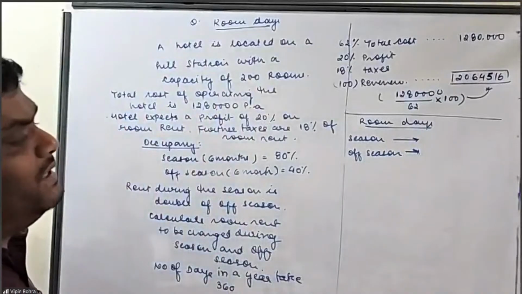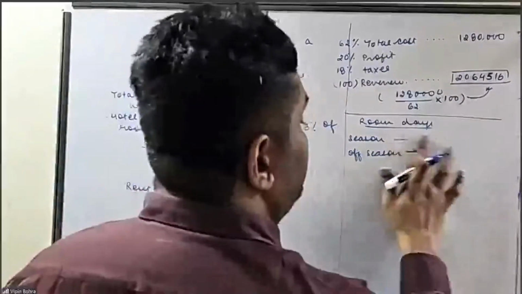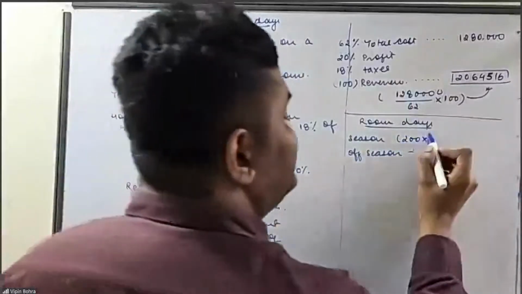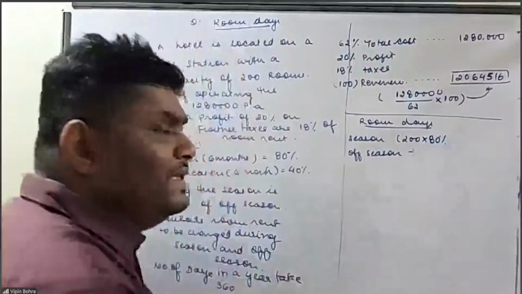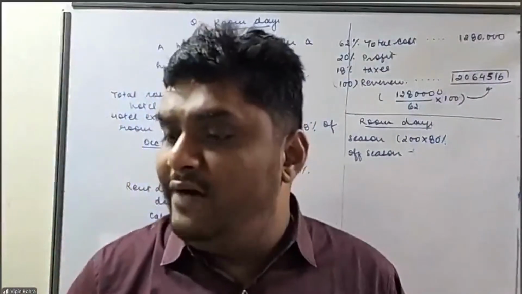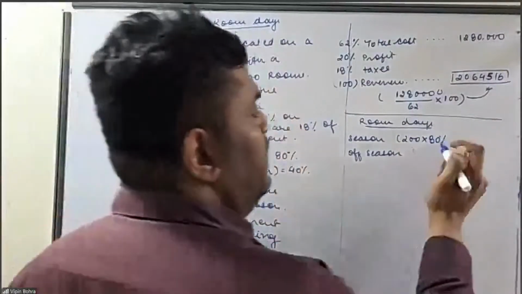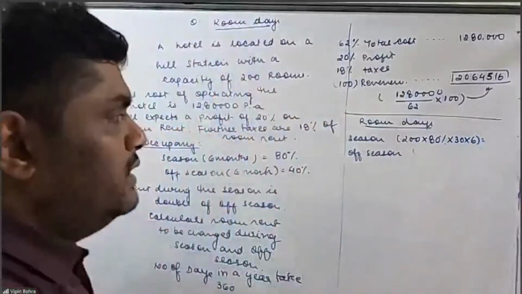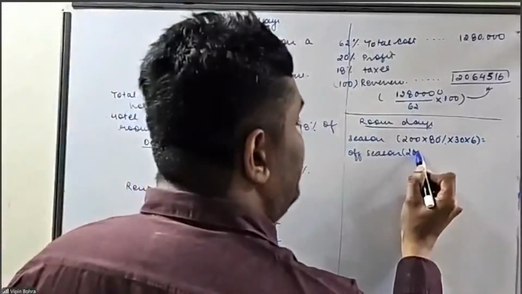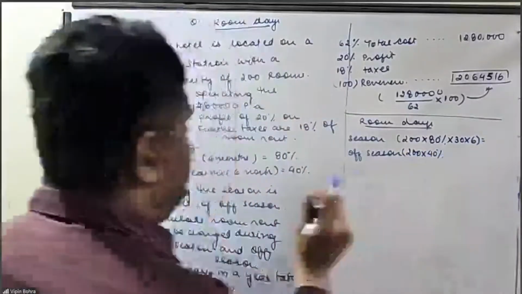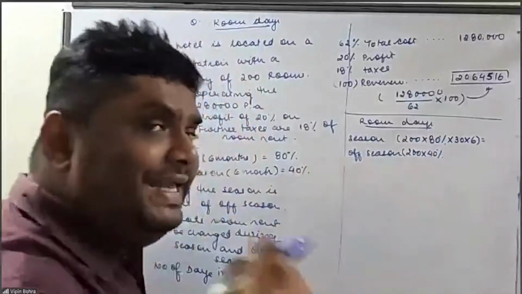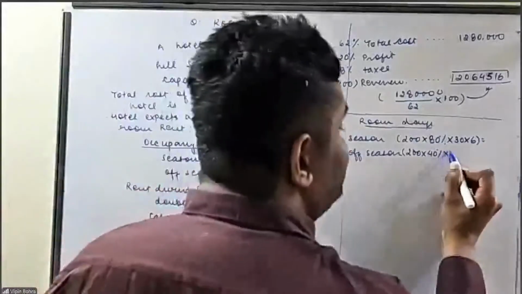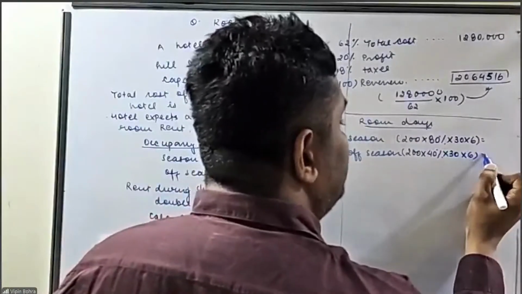When talking about season, the total number of rooms are 200. Occupancy is 80%. It means 160 rooms are occupied on an average in a day, into 30 days in a month, into 6 months in a year. Similarly, in off season also there are total 200 rooms, occupancy is only 40%. So it means 80 rooms are occupied in a day on an average, into 30 days in a month, into 6 months in a year.